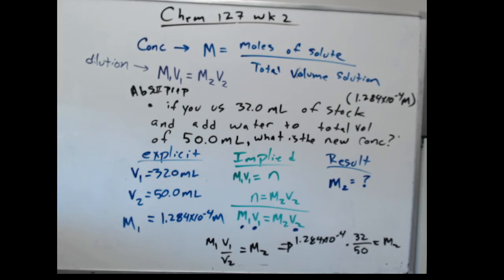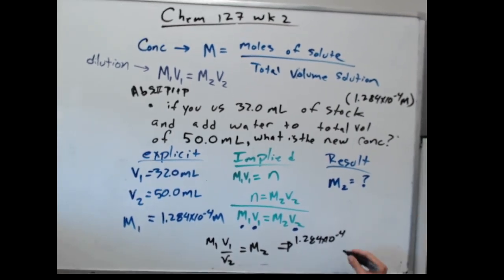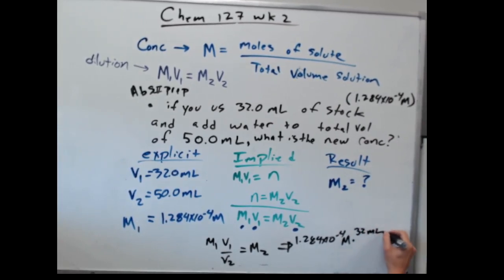Right? So my units here, I didn't give myself enough space for units. Let's give some units here. This is molarity. This is 32 milliliters. This is 50 milliliters. Notice my milliliters cancels out. So if I divide the top by 1,000 and I divide the bottom by 1,000, I'm just doing 2 extra steps that cancel each other out anyway. So I can plug this all in, and my M2 is already going to be in units of molarity.